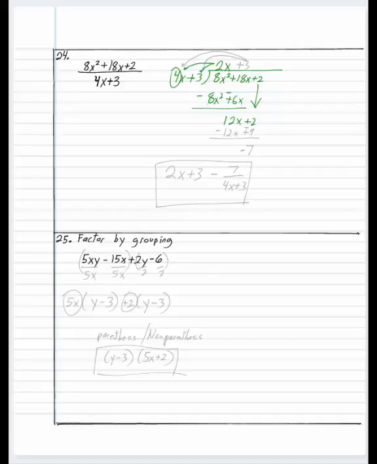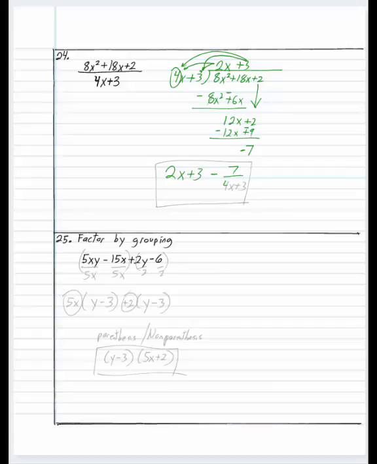25. We would like to factor by grouping. In order to do this, we'll just go 2 at a time. Like the first 2 terms, we can divide both numbers by 5, and we can divide both by x. And when we factor out 5x, we're left with y minus 3. Likewise, with the second set, we could factor out a 2.